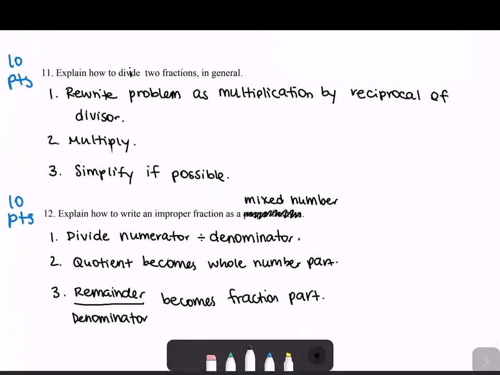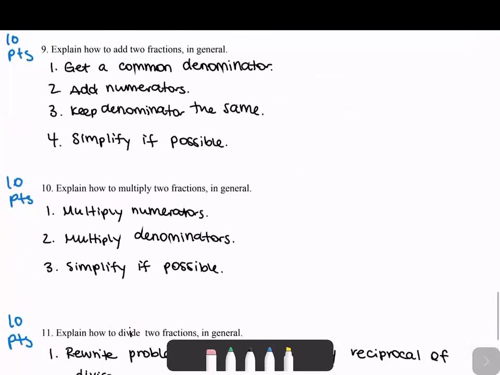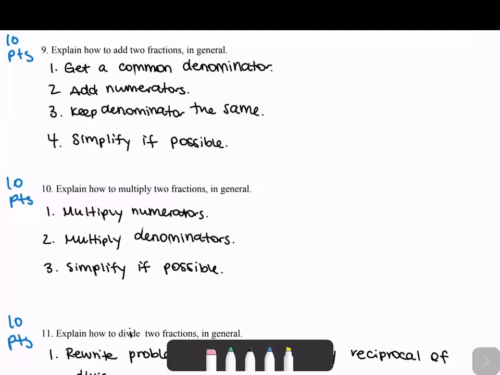There will just be a few of them. So I just wanted to have them all on the review so I could just go over them with you again. And the one that wasn't on the review is how to subtract 2 fractions, but the only difference between subtracting 2 fractions is that this add here just changes to subtract if you're subtracting 2 fractions. So I didn't feel like it needed its own question here.